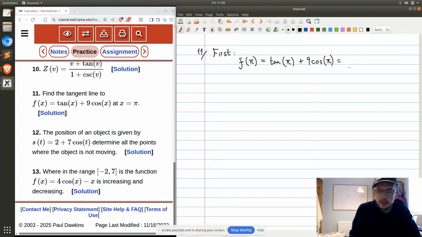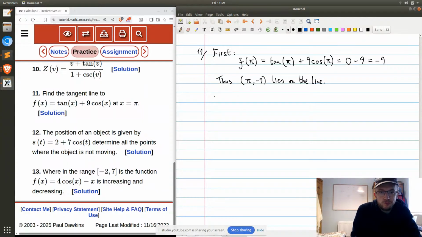Well, that's 180 degrees, is it not? And therefore 0. And what's cosine of pi? Well, that would be -1. So that would be -9. Thus, pi comma -9 lies on the line.